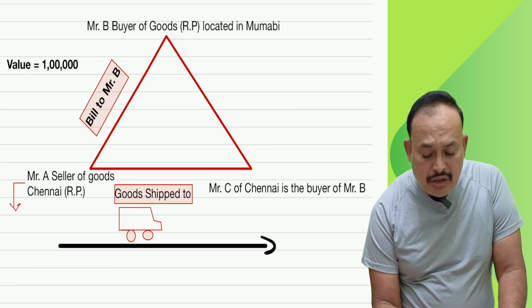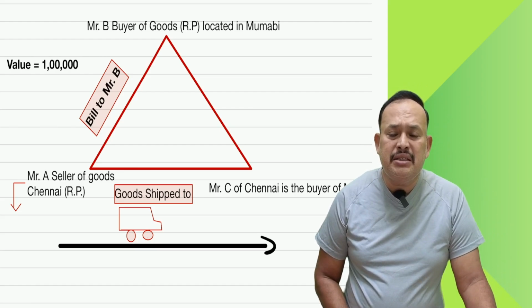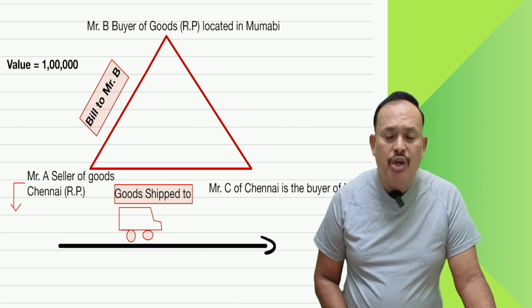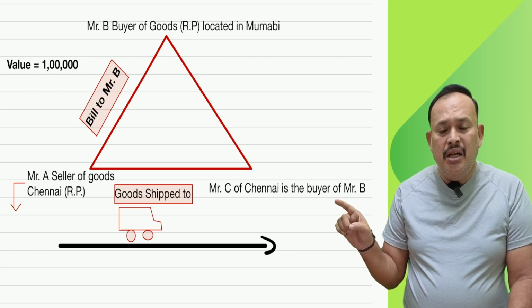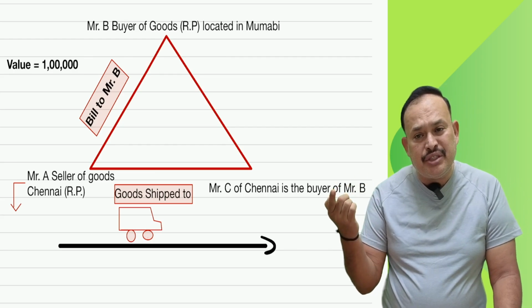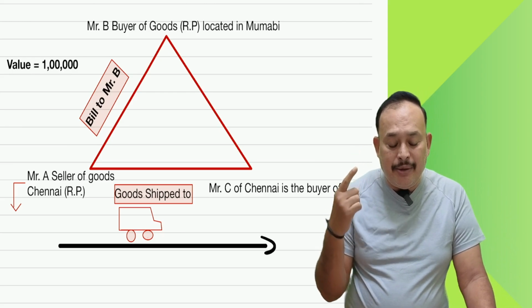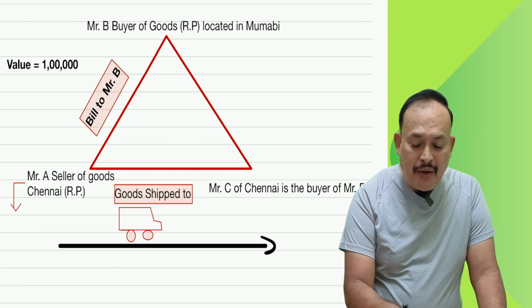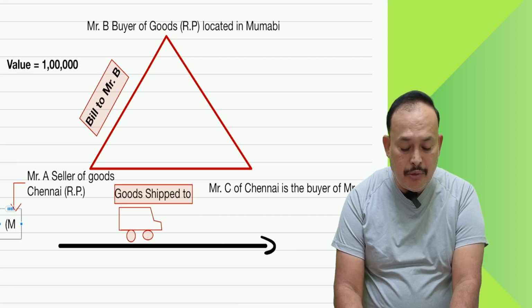Section 10, subsection 1, clause B says, Mr. A, you have dispatched the goods to Mr. C on the direction of a third person. Who is the third person here? Mr. B. Where is he located? Mumbai. So the place of supply (POS) for him is Mumbai.